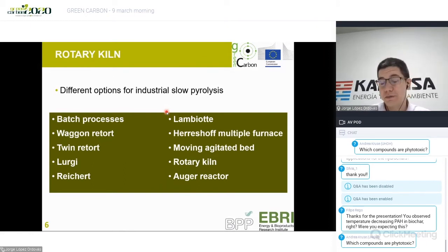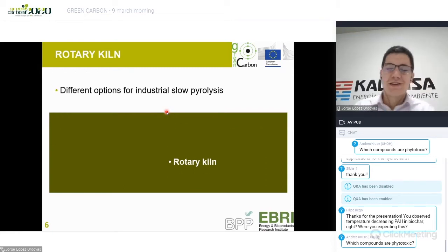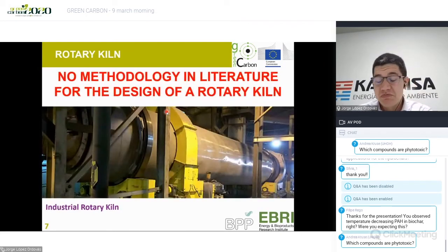Well, from the title of this presentation, you guess which one I prefer, right? So I selected the rotary kiln as the most promising technology for slow pyrolysis. I was looking on the literature, and then I found that there was not a specific methodology for the design of a rotary kiln. Here we have a picture of one of them in pyrolysis.